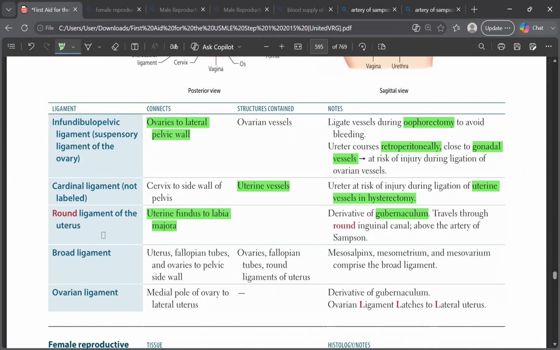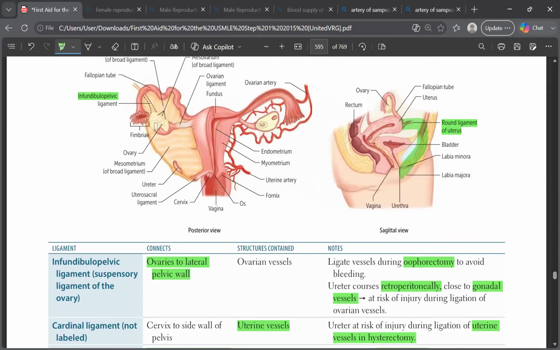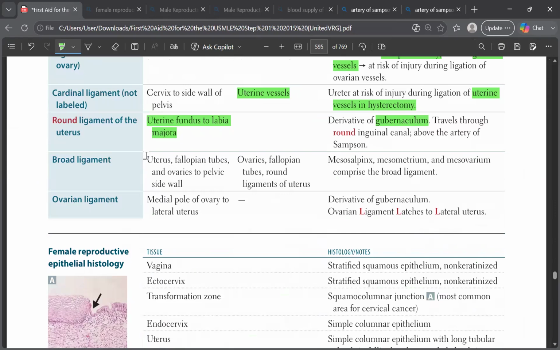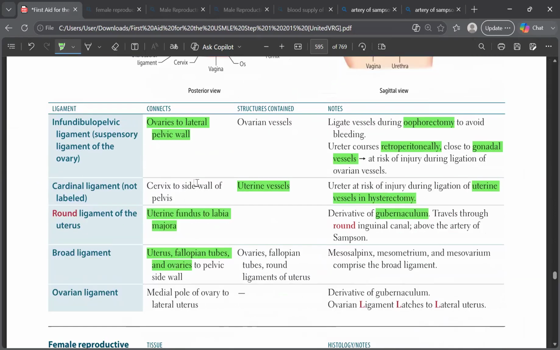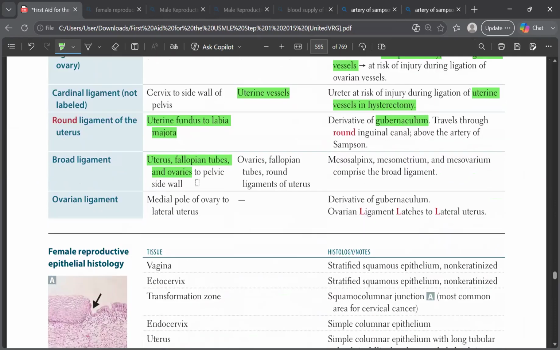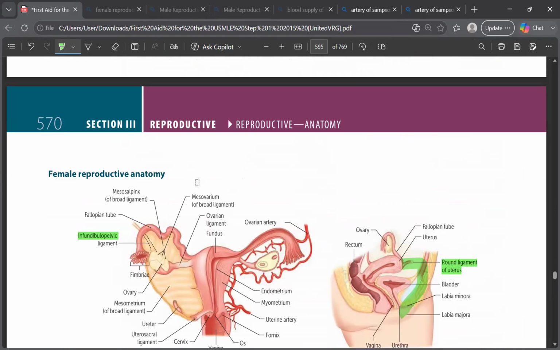Then there's the broad ligament, as told by its name, this broad ligament, and it says it connects the uterus, fallopian tubes, and ovaries to the pelvic bone. It contains the ovaries, fallopian tubes, round ligament of uterus.